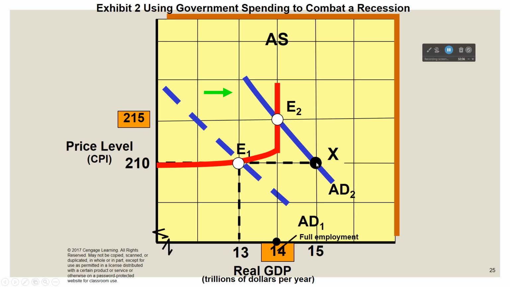People are willing to buy more than the economy's producing. That would cause firms to reduce their inventories, and they would produce more goods and services. But as they do that, prices would go up and wages would go up, and the economy would move up here to point E2, or equilibrium E2.